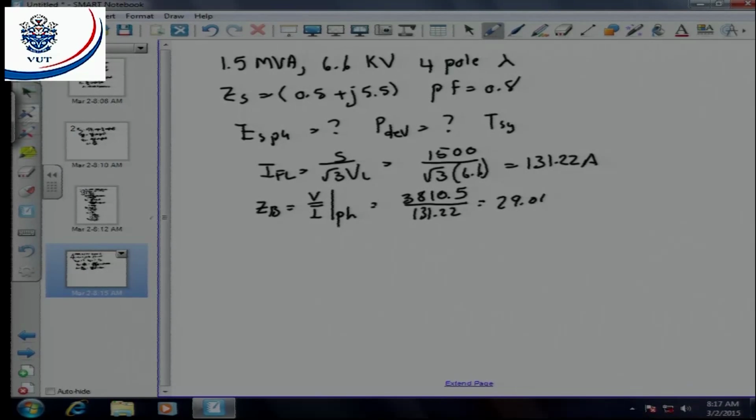Next step is to calculate the induced EMF. E is V plus IAZS, which gives us 3810,5.